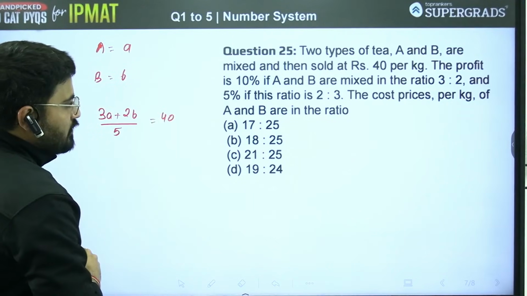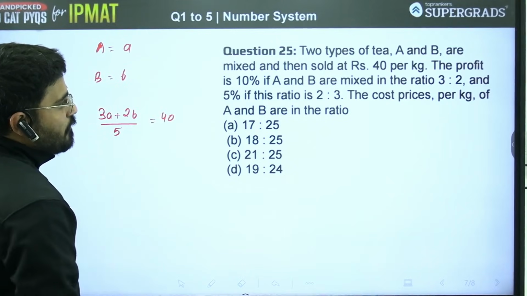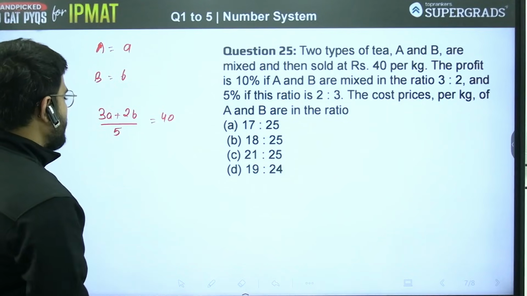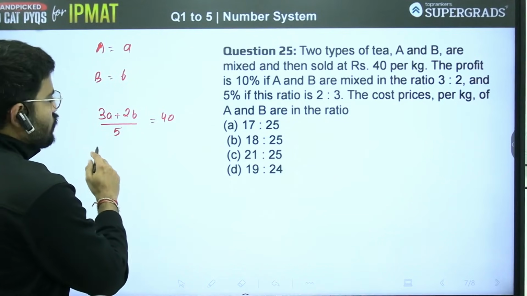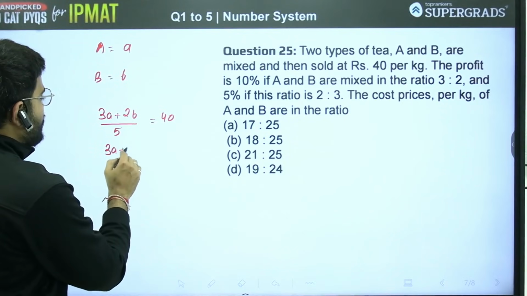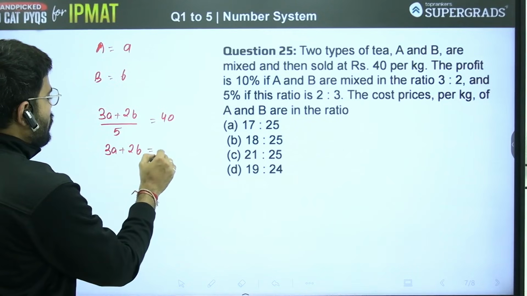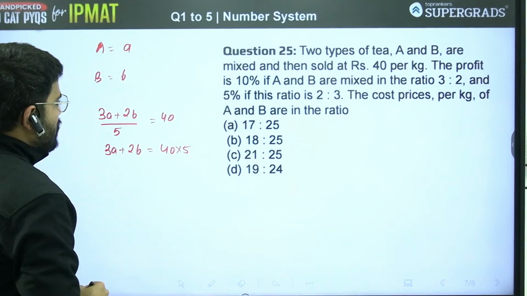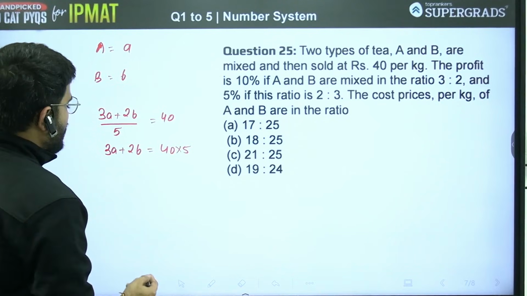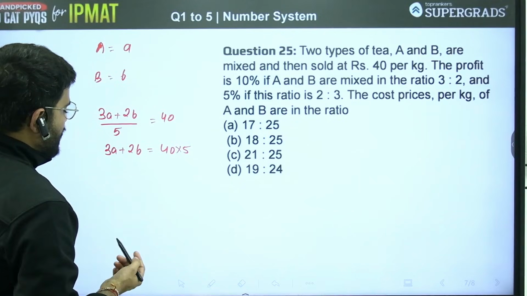This is given. It is sold at 40 rupees per kg. If I'm selling this at 40 rupees per kg, I get 3A plus 2B is equal to 40 into 5. This is one equation that I can get.